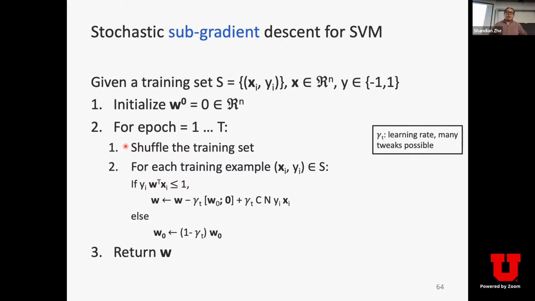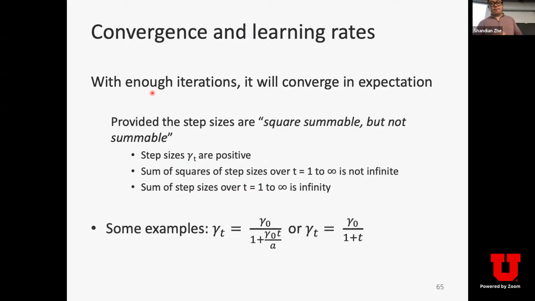Okay, great. So the last question we want to talk about: how do we schedule gamma t? As we previously discussed, gamma t is very important to guarantee convergence, and in practice we need a smart schedule of gamma t to ensure it. So what kind of gamma t schedule should we use?